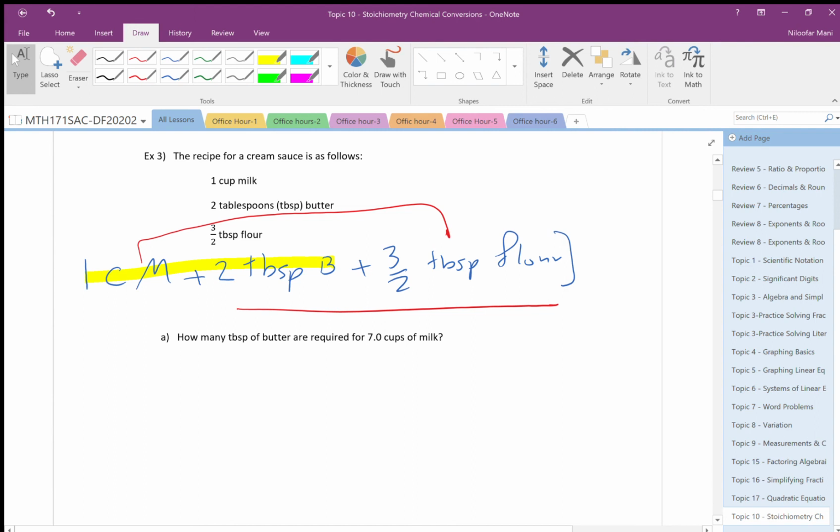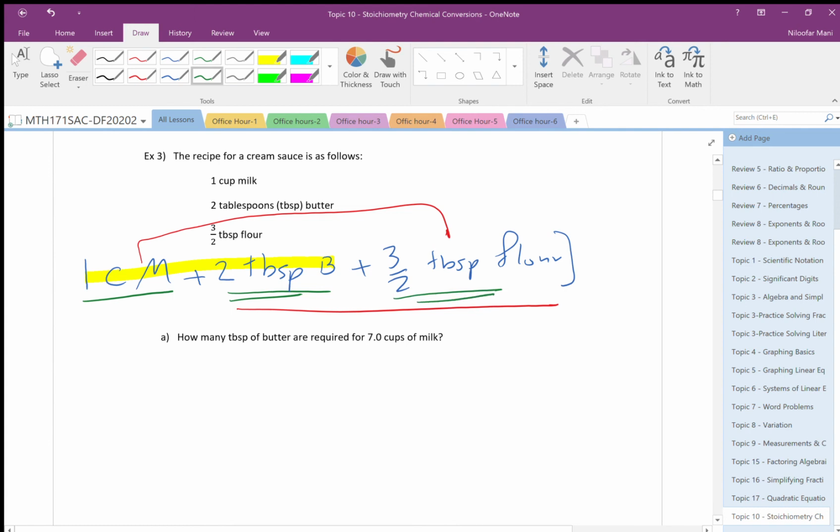How many tablespoons of butter are required for 7 cups of milk? I need to know that 1 cup of milk is for 2 tablespoons of butter and for 1.5 tablespoons of flour.